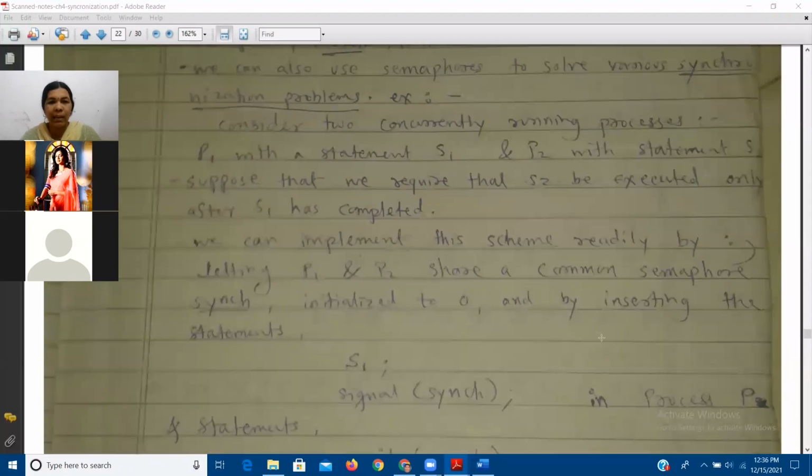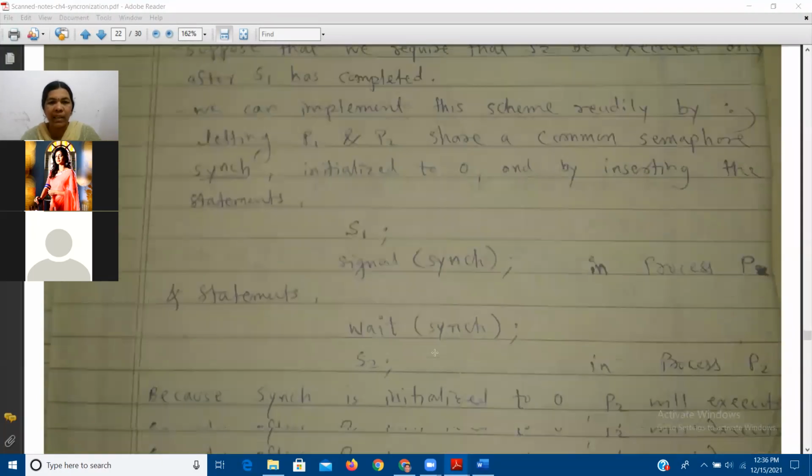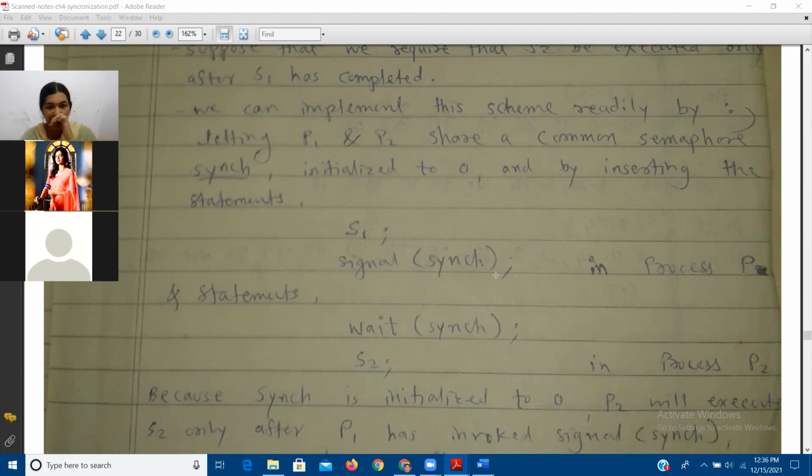readily by letting P1 and P2 share a common variable, sync, initialized to 0, and by inserting the statement S1, that is statement 1 executed by P1, then signal(sync) in process P1, and wait(sync) followed by S2 in process P2. So sync is nothing but the semaphore variable used here.